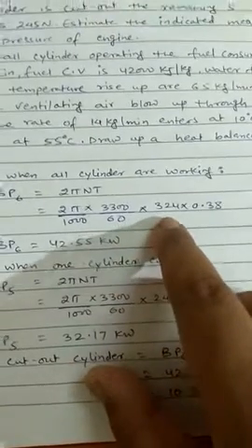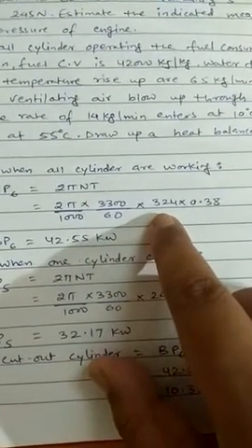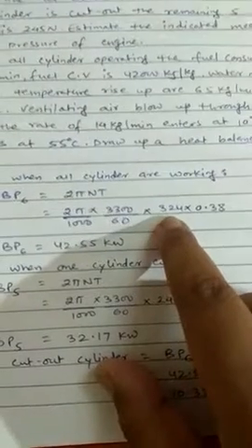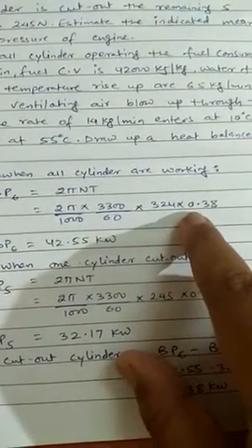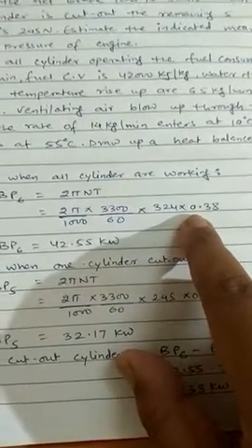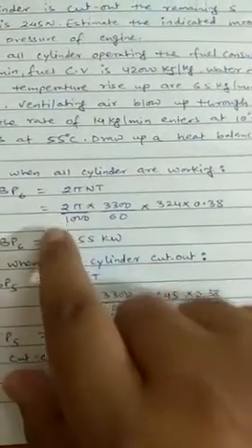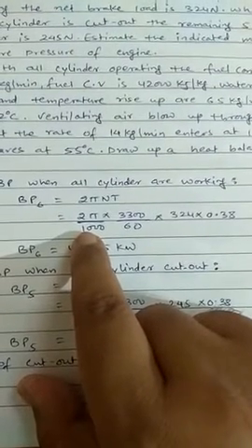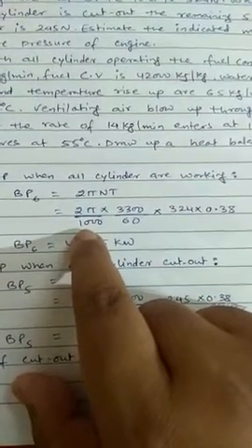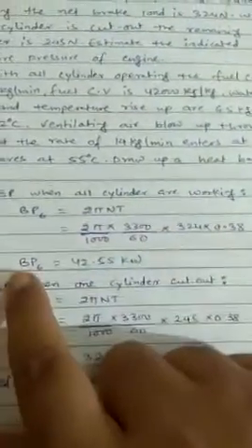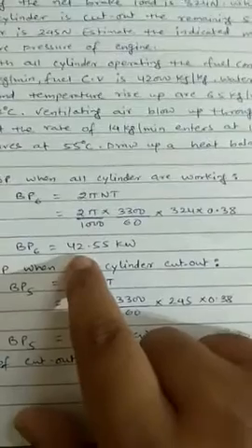Torque is load into brake radius. Load when the 6 cylinders are working is 324 and radius is 0.38. Converting into kilowatt by dividing the BP value by 1000.